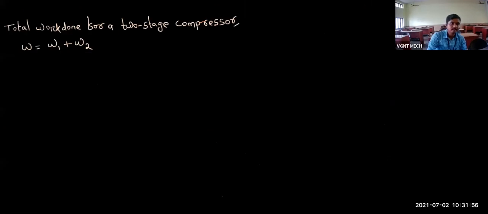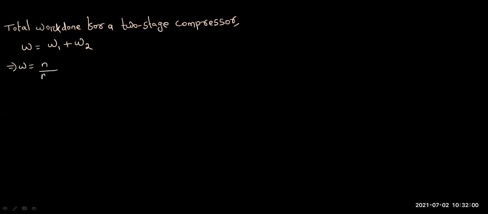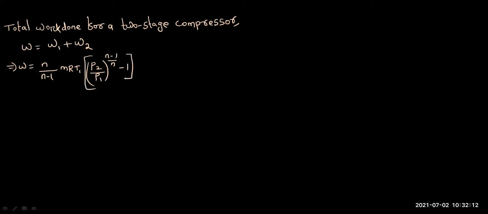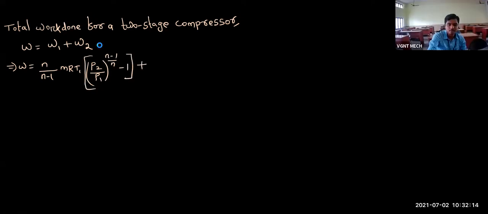We will add it. That implies, what is W1? W1 was n by (n minus 1) m R T1 times [(P2 by P1) whole to the power (n minus 1) by n, minus 1], plus, what is W2?